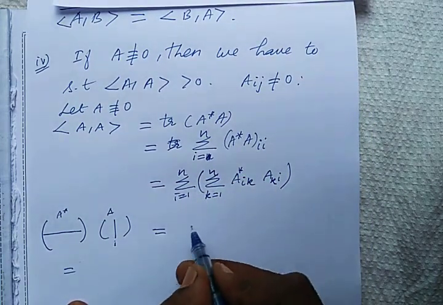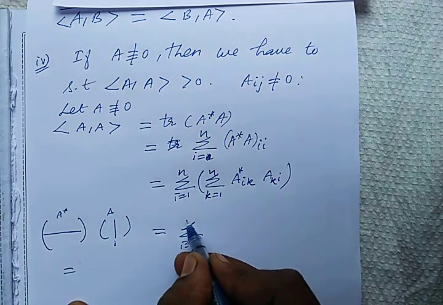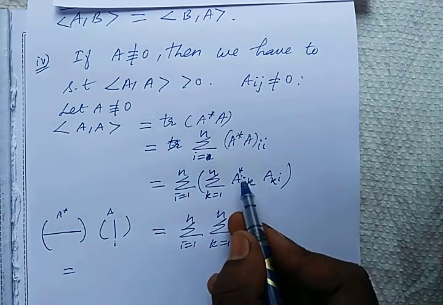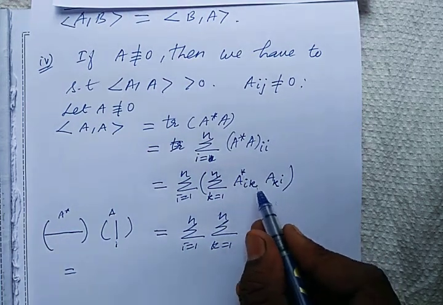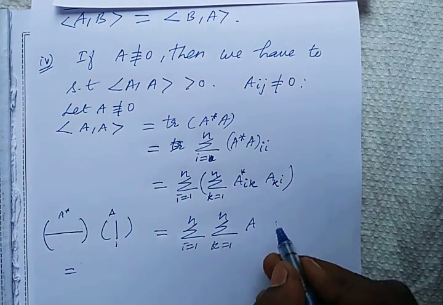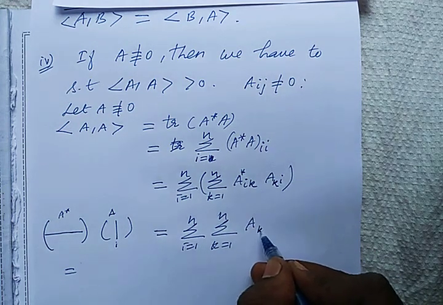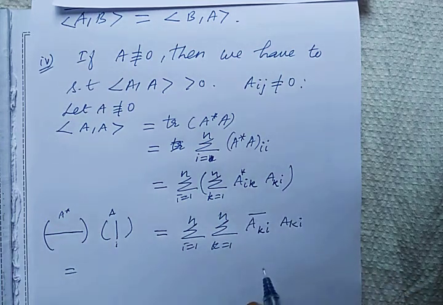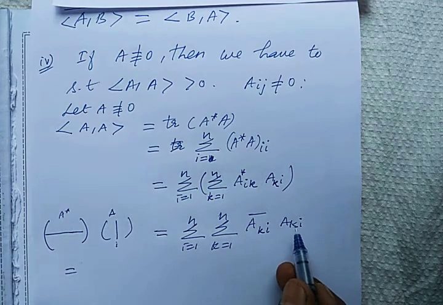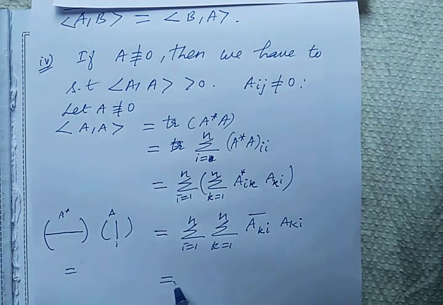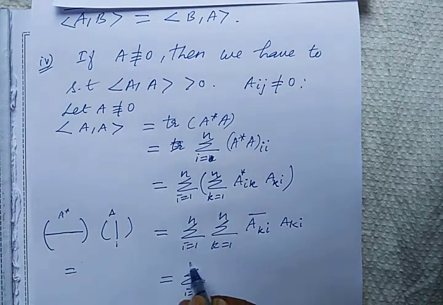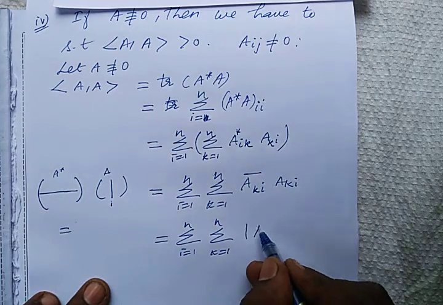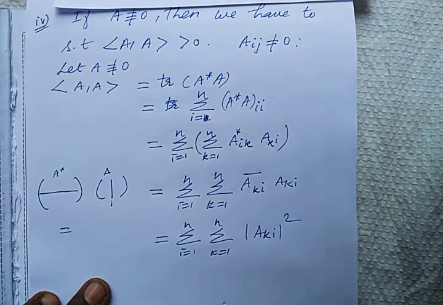So this is equal to summation i varies from 1 to n and summation k varies from 1 to n. What is star? It's a bar transpose. If you take the transpose, instead of i comma k, we get k comma i. So simply the bar remains. See, Z times Z bar gives mod square. So we get summation i from 1 to n, summation k from 1 to n, mod a k i, the whole square.